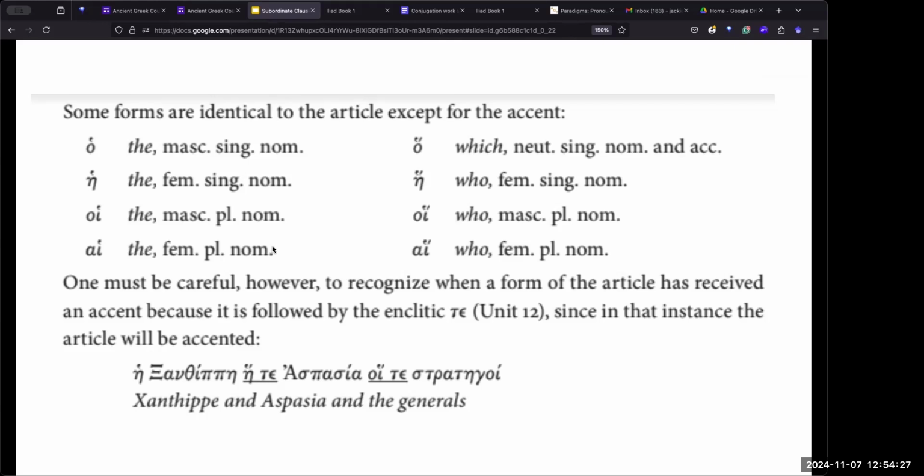Especially if it doesn't have an accent, then it will definitely throw an accent on the word, right? So that's what's happening here. The hē, that's obviously the article, but hē te with an accent, that's actually the article, but te, being an enclitic, is giving it an accent, right? So it's really just another article. So Xanthippe and Aspasia and the generals, right? Okay, so that's the tricky bit.